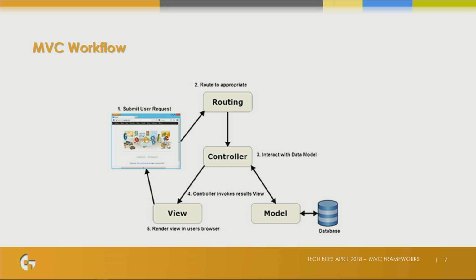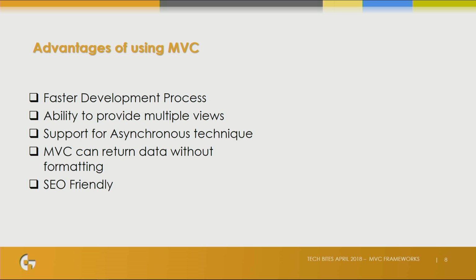I'm going to tell you a bit about the example. First, the advantages of using model view controller. I'm going to read them and then explain a little bit. First, a faster development process. MVC supports rapid and parallel development. You can put one programmer on the view, another on the controller, and another on the front end.